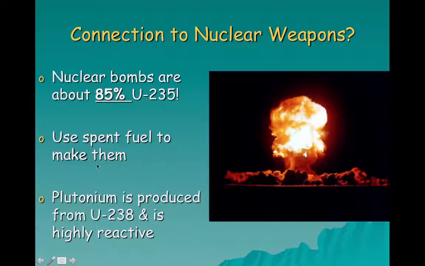And the spent fuel is what is used to make the nuclear weapons. So in that spent fuel cycle, that leftover stuff is used to make it, especially because you can take plutonium, which is one of the fuels in nuclear weapons often, and it can be processed from U-238, which is the non-radioactive uranium.